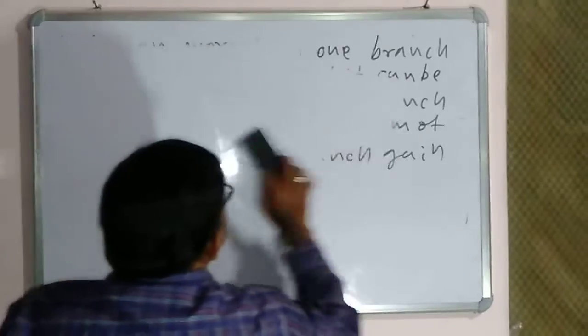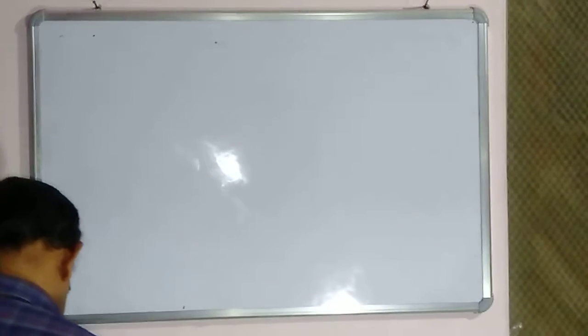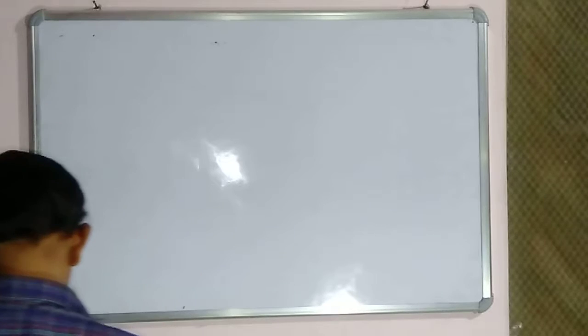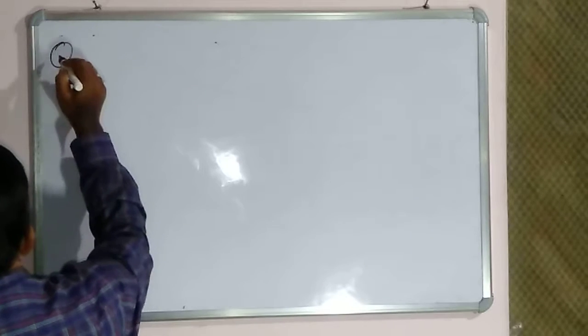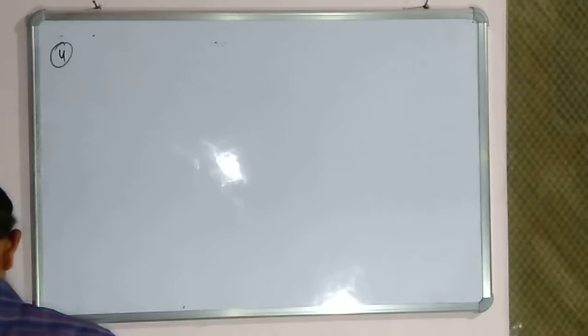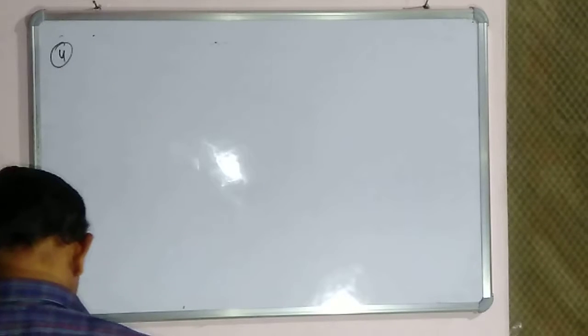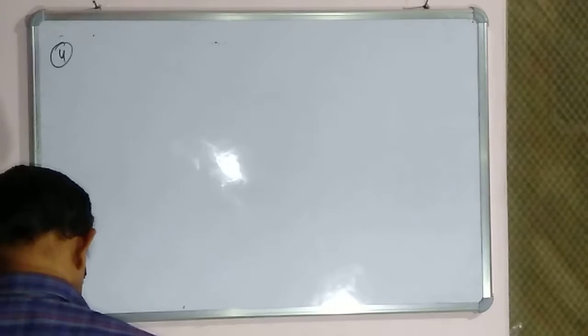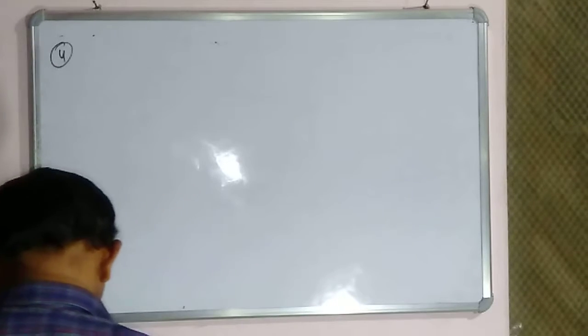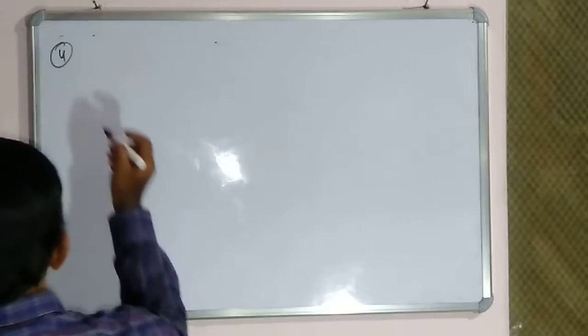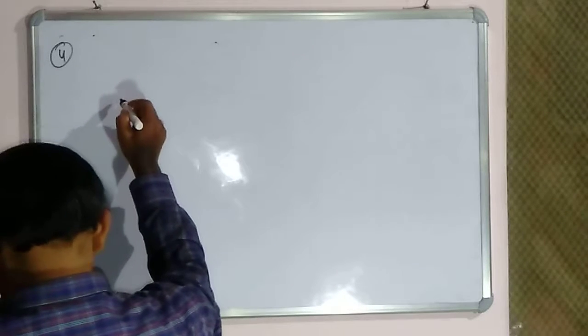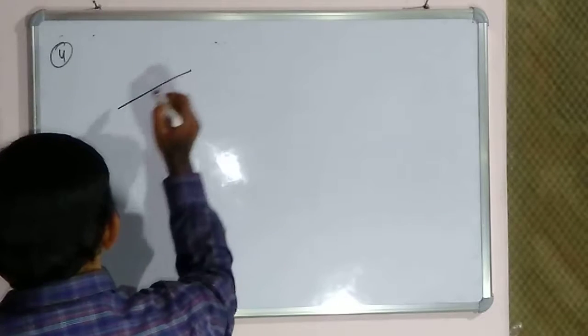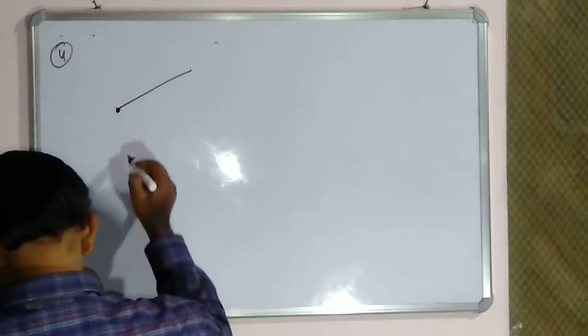Then the next rule is called the transmitting rule, that is rule number 4. Let us draw a signal flow graph.